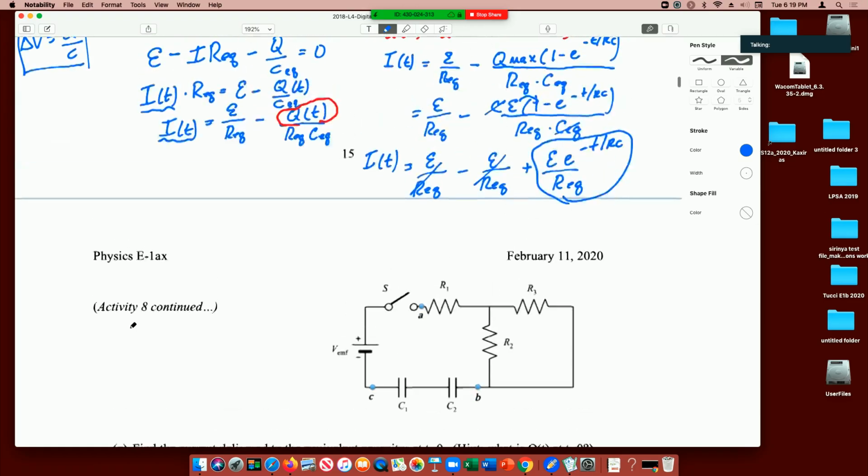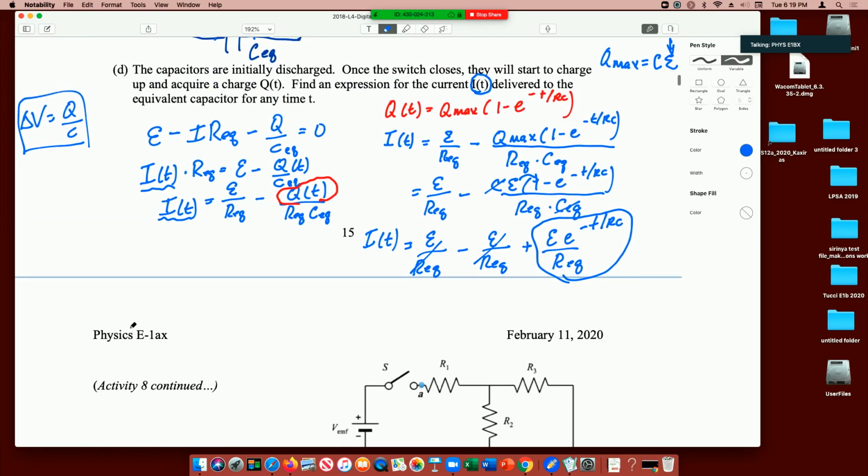Just to give you a hint, don't be deceived. This here is obviously a beautiful equation, in that these two terms canceled out. But remember, it only works with the assumption that the capacitor is fully charged, right? Which is of course not true at t equals 0.